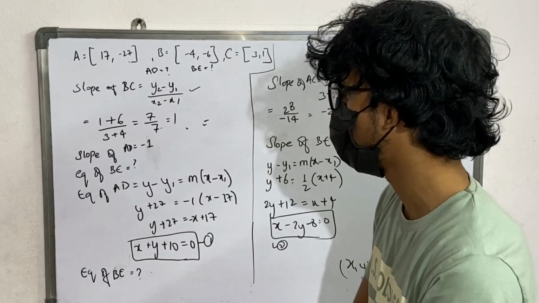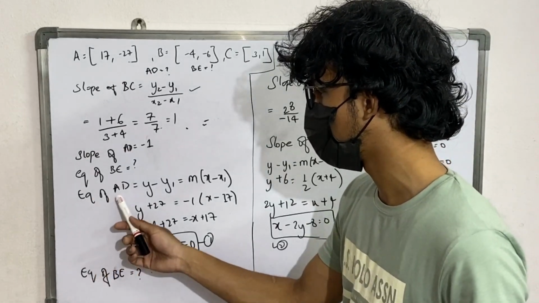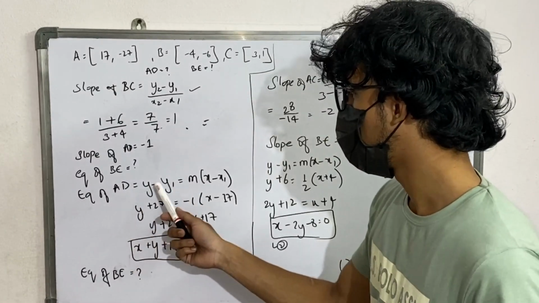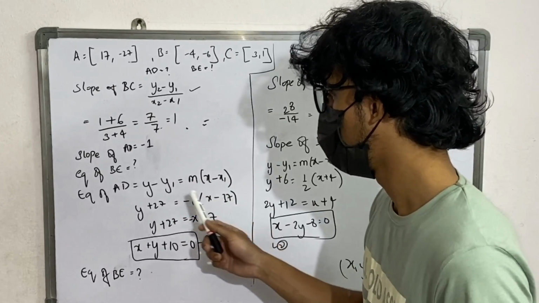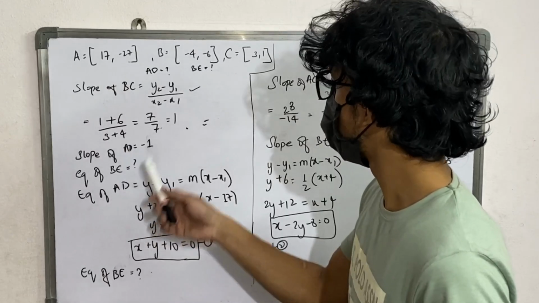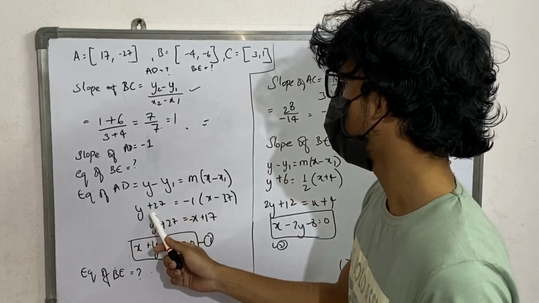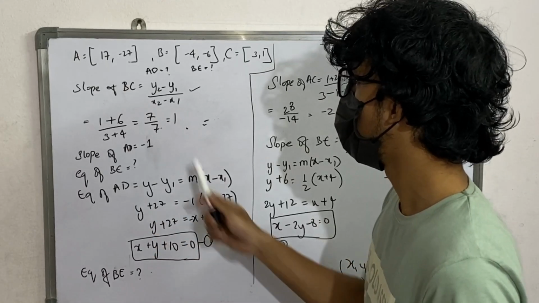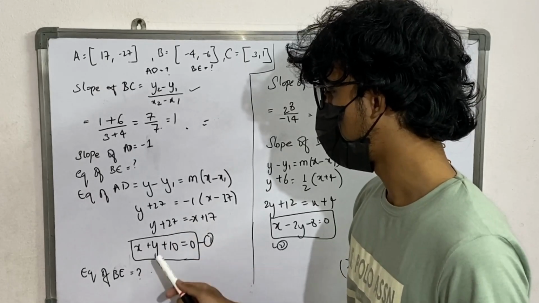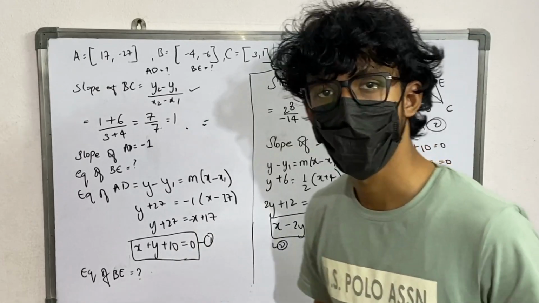To find the equation of BE, before that we need to find the equation of AD, where we use the formula y minus y1 is equal to m(x minus x1), and y1 is minus of minus 27, so it becomes plus 27, and this 17 becomes minus 17. So we get the equation after solving this, x plus y plus 10 is equal to 0. This becomes the first equation.